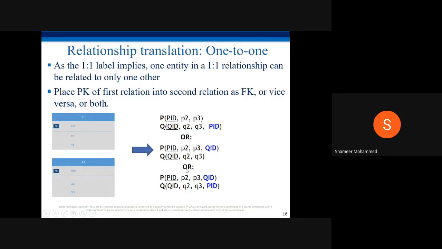Or another way is to keep both the primary keys in their referencing tables as foreign keys. So the primary key of entity P is a foreign key here, and the primary key of entity Q is a foreign key here. In your assignment, I have given it to you like this only.